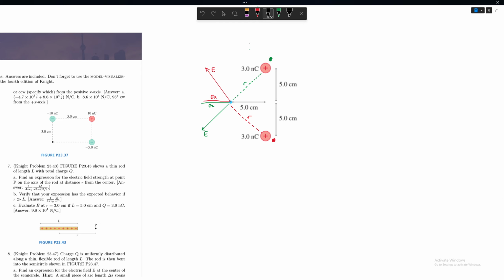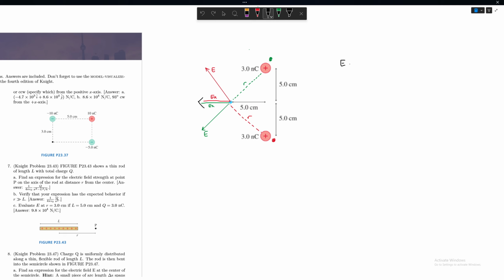And that leaves me with my x component, which is added together. Now, how can I get my x? Same thing as we did in the last example, split into two parts, my E1 and E2. However, like we said, our E_x, just like the E_y, will be the same magnitude. So we only got to calculate it once and times it by 2. Or calculate it once and add it twice.